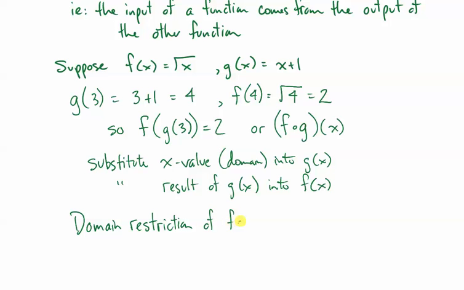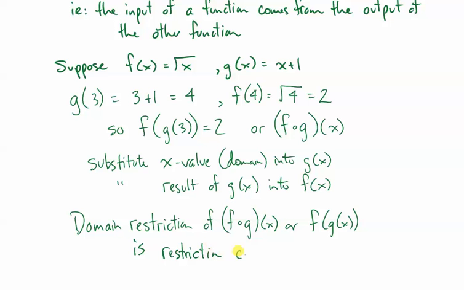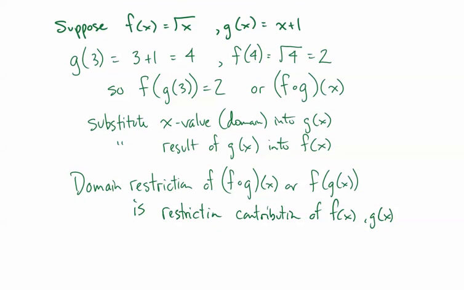For the function f of g of x, written whichever notation we want, let me say the domain restriction of this is the restriction contributions of both f of x and g of x. And we'll look at what that looks like by using a couple of examples here.